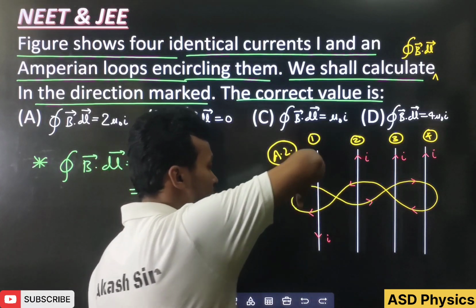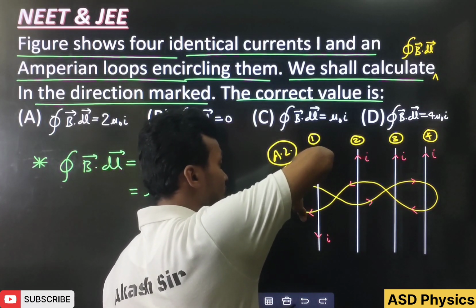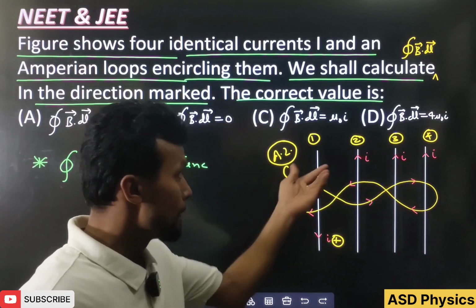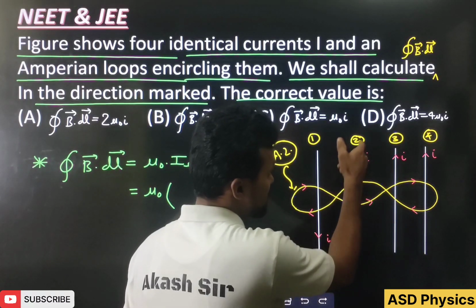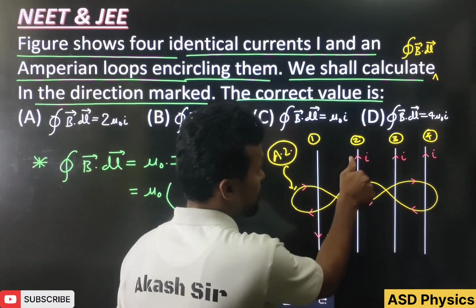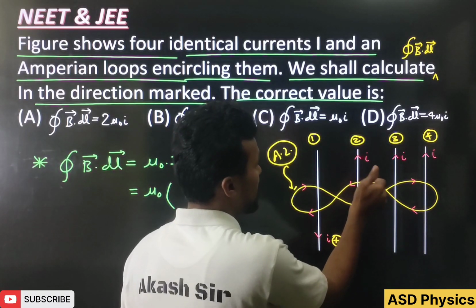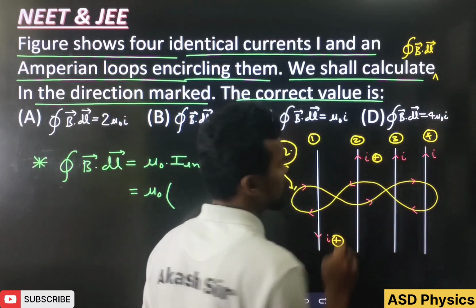Okay, so my thumb is along the current, then all my fingers are going along the Amperian loop, that means this current I will take positive. Now come to the second one. See here, this loop is encircling this wire. Again you see my thumb along the current, then the curled fingers are going again along the direction of the Amperian loop. This also I will take positive.